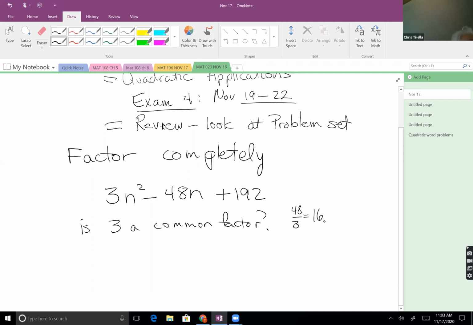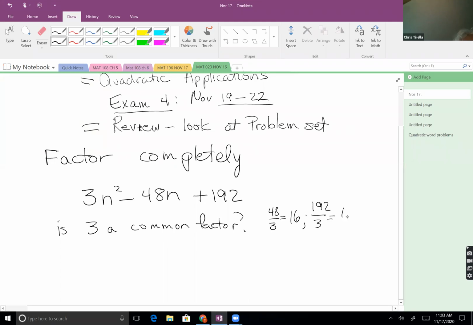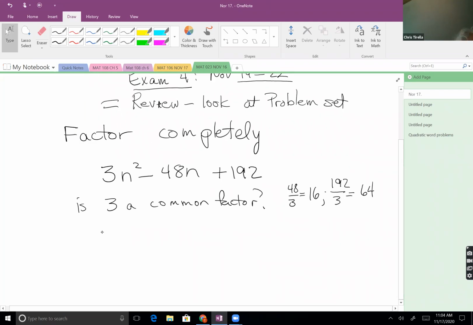And the answer is yes, that gives me 16. And can I divide 192 by 3 evenly? And the answer is yes, that gives me 64. And so I have a common factor of 3. And when I divide it out, I'm left with n squared minus 16n plus 64.